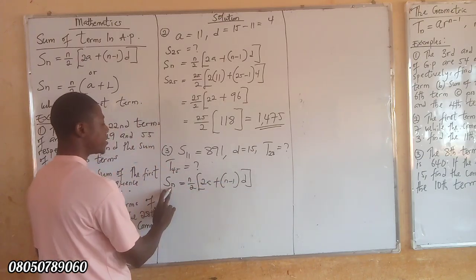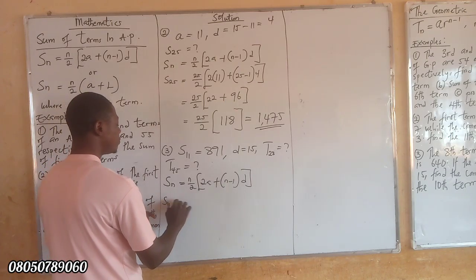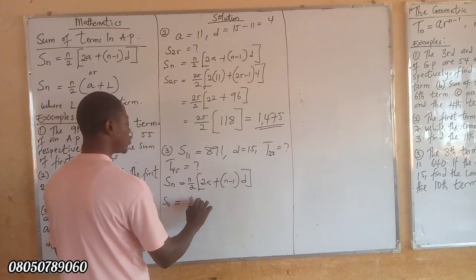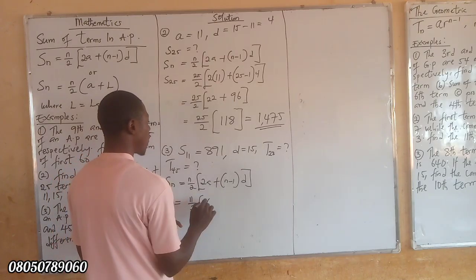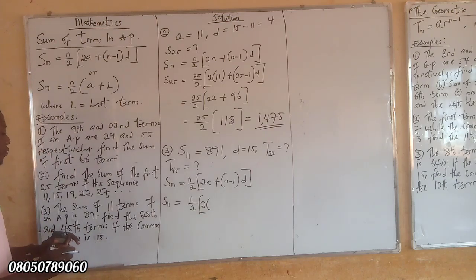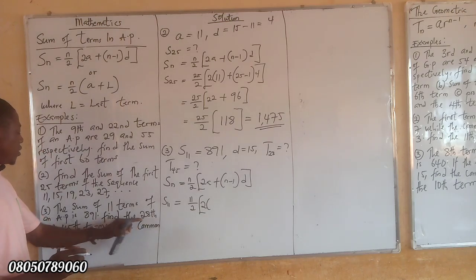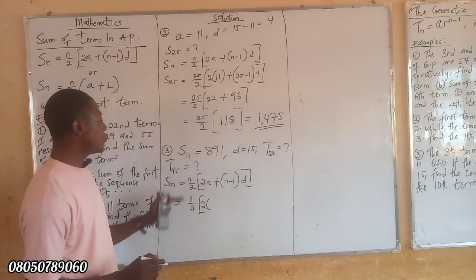So our Sn, which is S11, is given. So our S11 is now going to be 11 over 2, then open your bracket 2 into... if you look at this very well, what they are asking us to find is the 28th term and the 45th term.